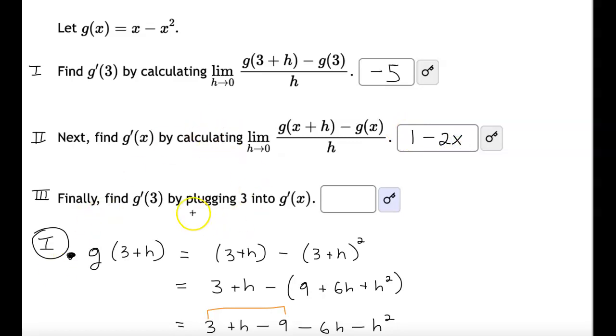Now, what are they getting at in number 3? They're saying, well, look, we calculated g prime of 3 directly, with just a 3 in there instead of an x. So we found the derivative at 3, and that was negative 5. We found the general derivative for any value of x, which is 1 minus 2x. Now in part 3, we just want to confirm that our answer for part 2 agrees with our answer for part 1.